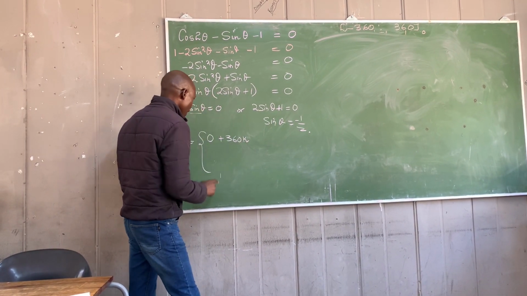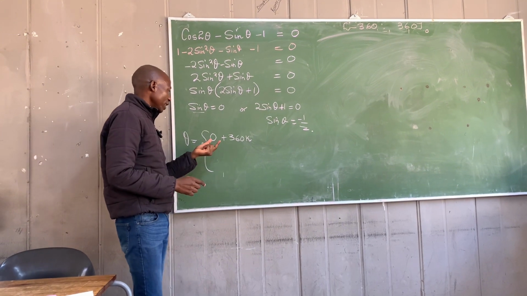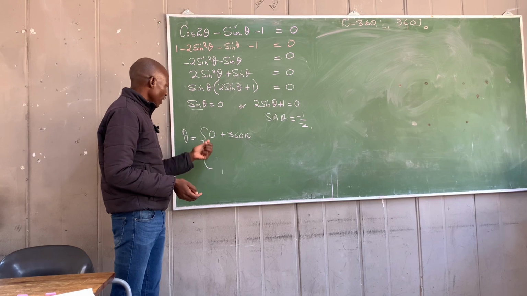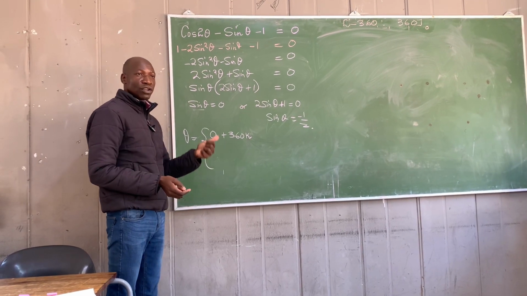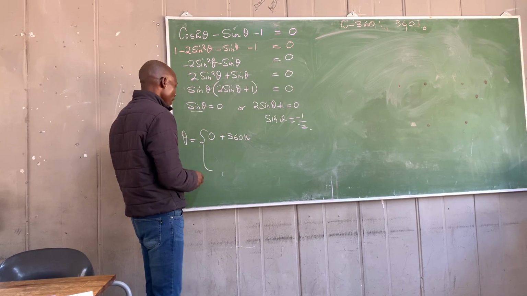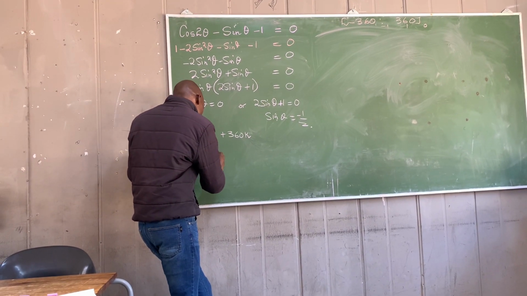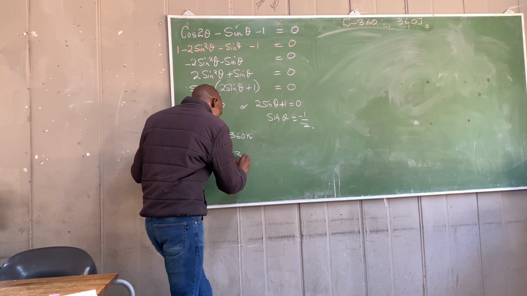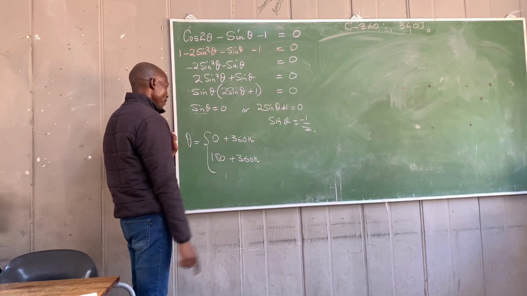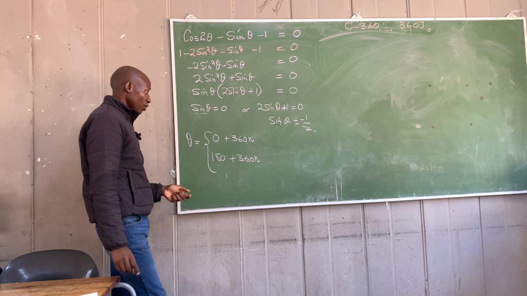For the second one, we subtract this from 180, and as we have seen from the previous, even if it's a negative, we just take note of that and separate the two negative signs. So 180 minus 0, we will have 180 plus 360k. So this is the first part, for sin theta equal to 0.